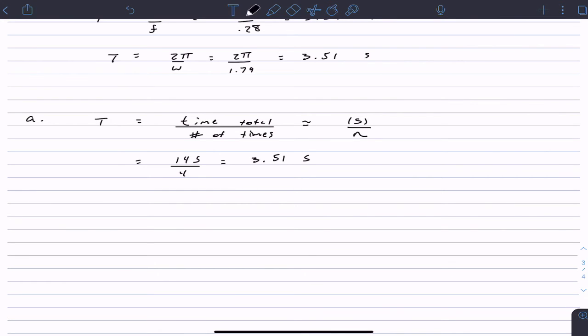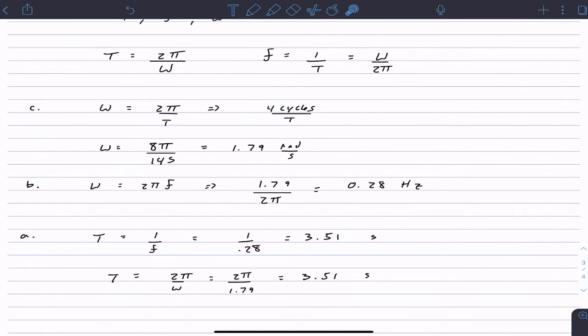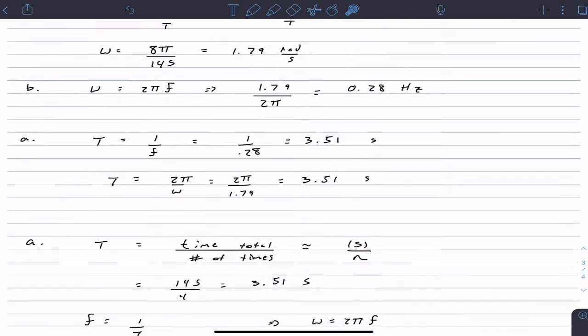And then from there, you just take f is equal to 1 over T. You get the same answer, and then you use this 2 pi f to find omega. So pretty much, there's not one solid way to do it, but you can pick and choose. I personally found this to be the easiest way to understand it and to get through the problem the fastest. Next problem.